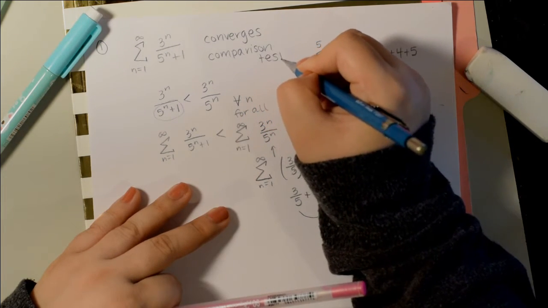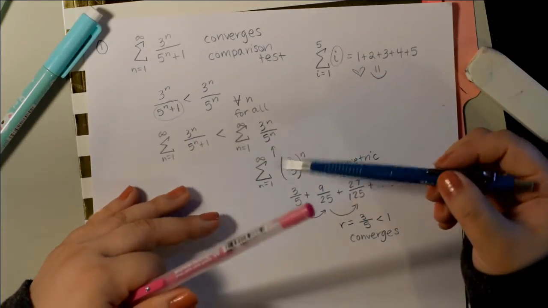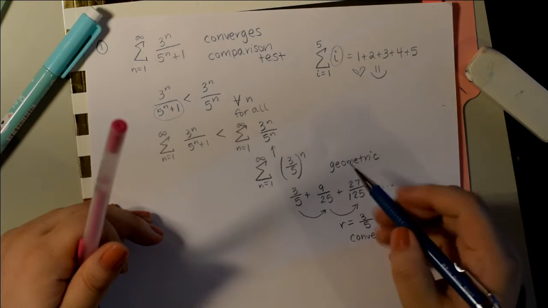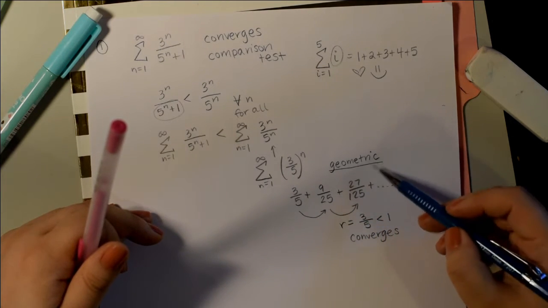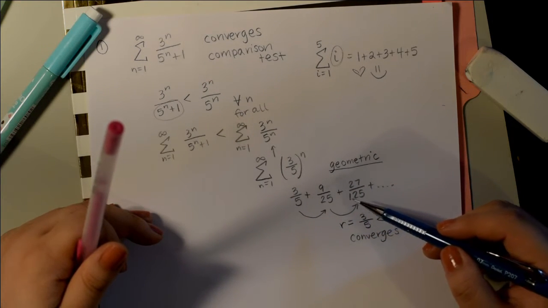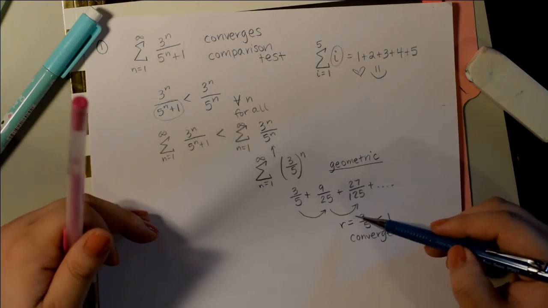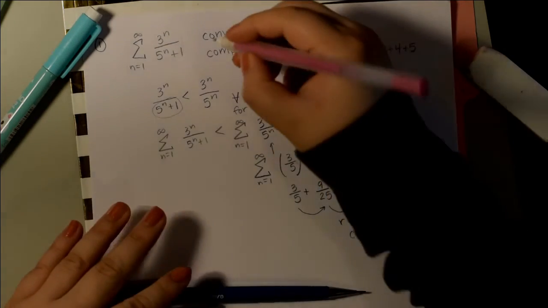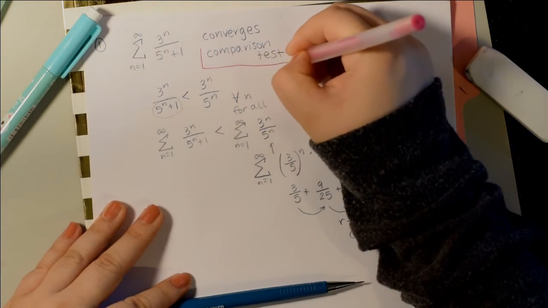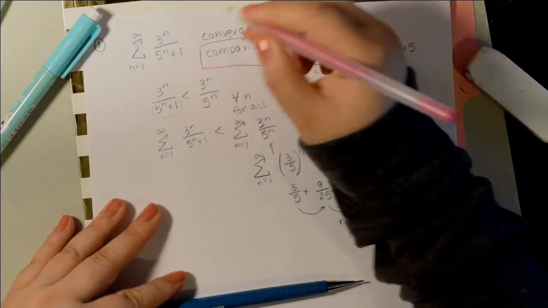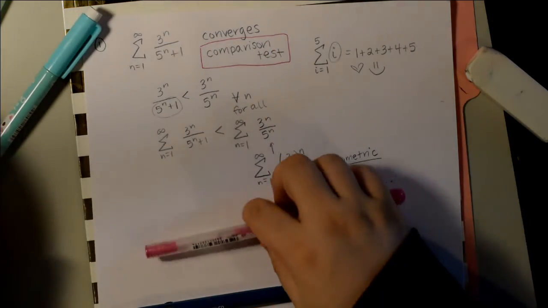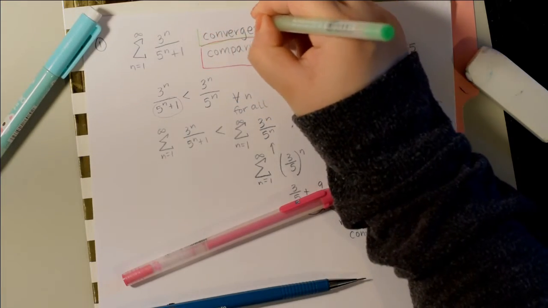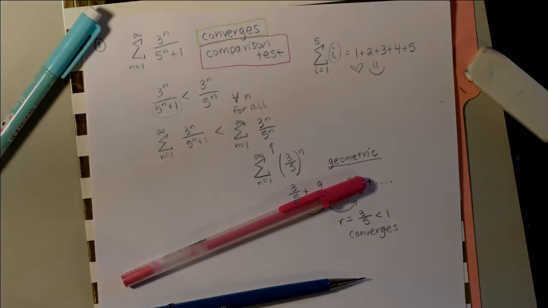But we also needed to compare it with something that we knew would converge if we were going to try and show that, and that's just knowing that geometric series where r is less than 1 converge. So, comparison test, very nice, and it converges, yes. Okay, very nice.